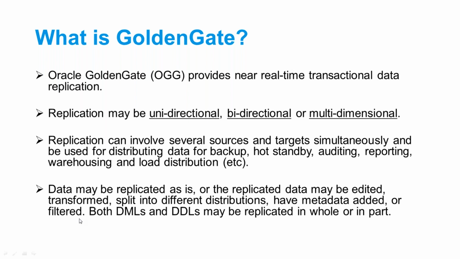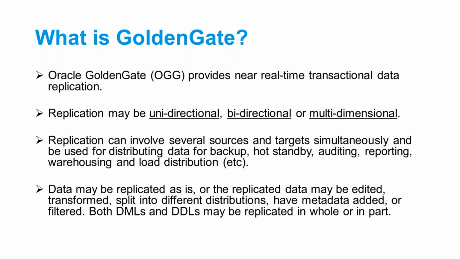So with Golden Gate, data can be replicated as it is, or you can transform the data, split it into different distributions, have metadata added or filtered. Also, Golden Gate allows you to perform DML as well as DDL replication. Golden Gate is also heterogeneous platform and heterogeneous database replication.